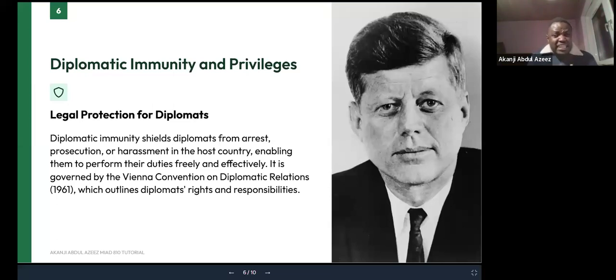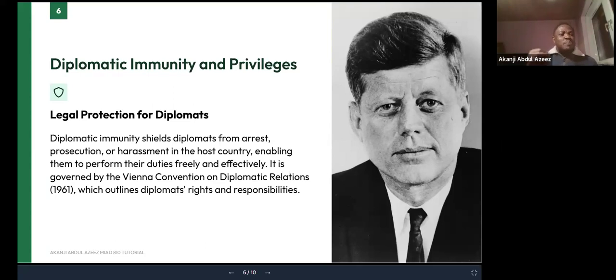So diplomatic immunity protects the diplomat from being arrested, persecuted, or harassed by the host country. So if you are sent to a country as a diplomat, they cannot arrest you, they cannot harass you, or persecute you. I'll give you some examples as we proceed, of cases where some diplomats caused some problems and nothing was done.